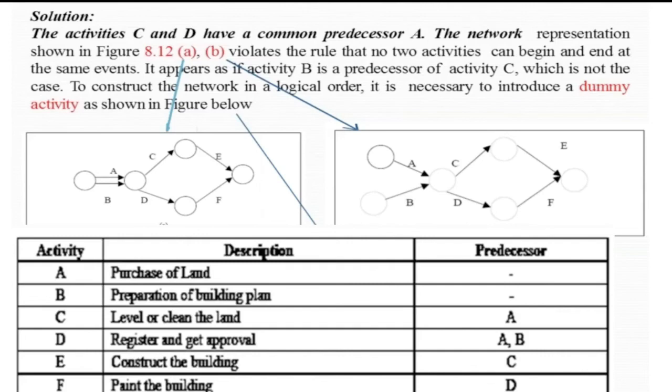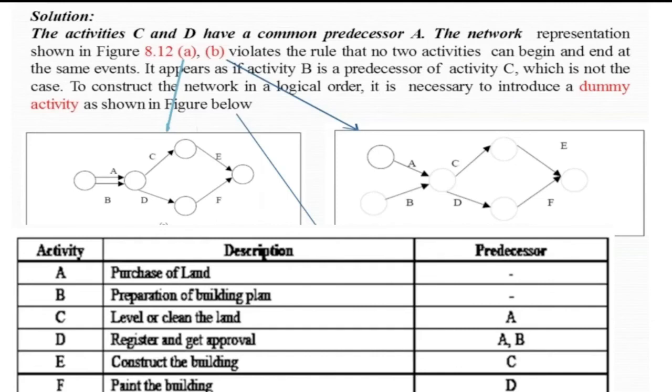And the other possibility is like this one. You have here two separate starting events for A and B, and they end up in a common event. Activities A and B end up in a common event, and they start in different events.